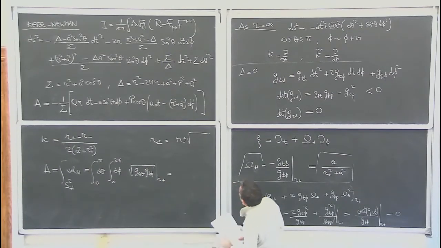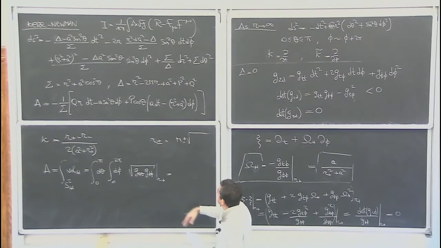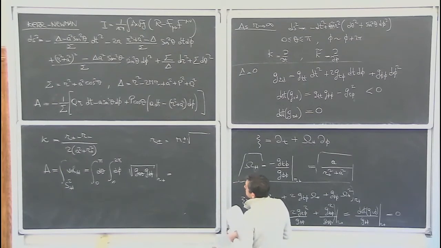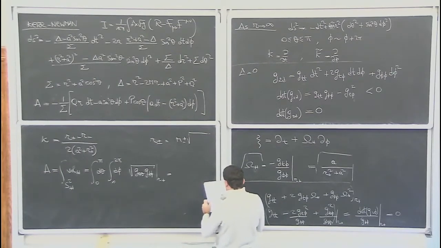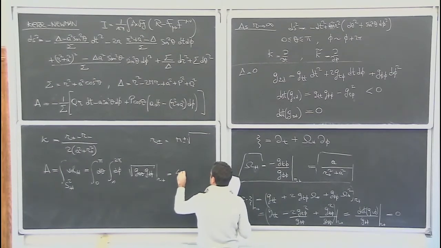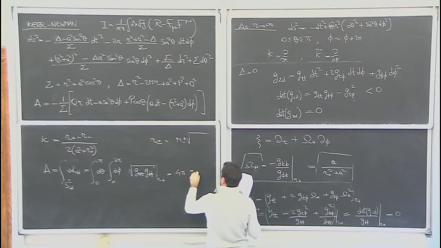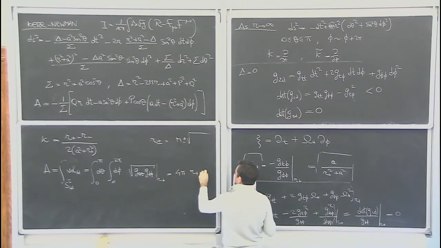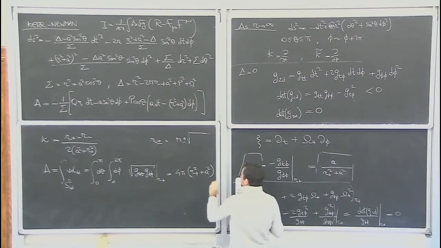If you evaluate g theta theta g phi phi and take the square root, there will be some sine of theta, and I have to evaluate this at delta equals 0. So all in all, you get 4 pi, and then the function r squared plus a squared evaluated at r plus, so it's this.